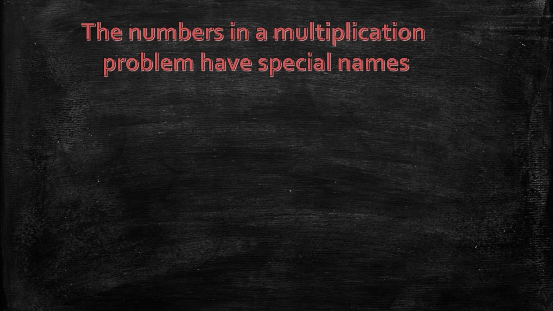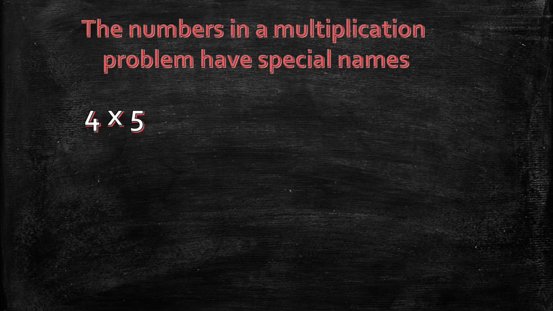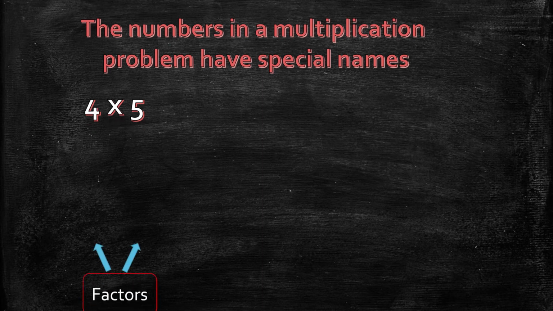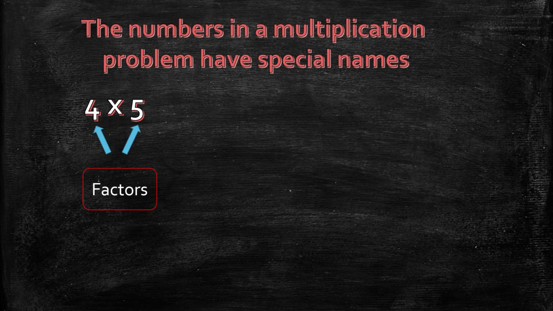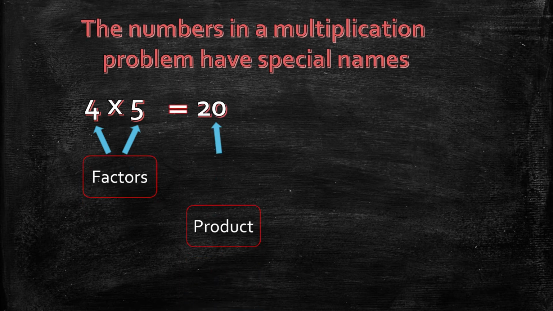Now, the numbers in a multiplication problem have special names, and you will hear them called this as you get older. Here we have 4 times 5. Well, those are called factors. And then we have our answer of 20, and that's called the product. So the numbers that multiply together are the factors, and the answer of a multiplication problem is the product.